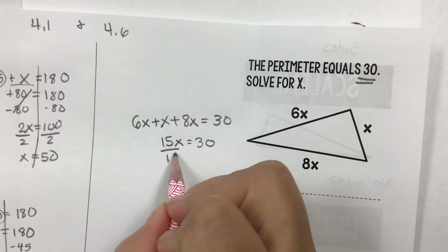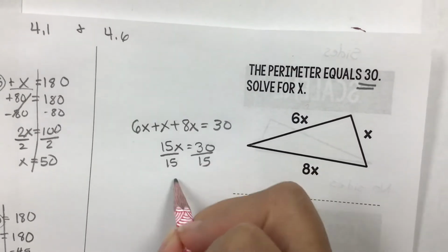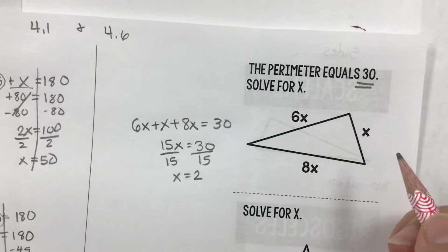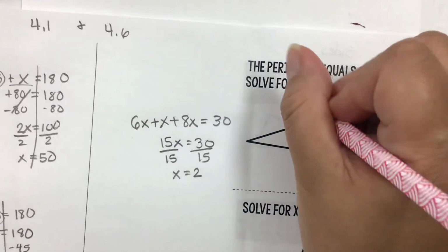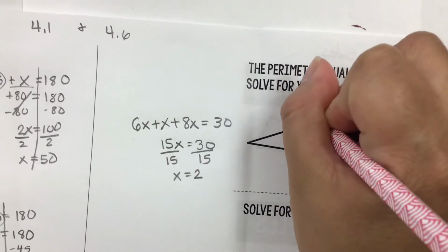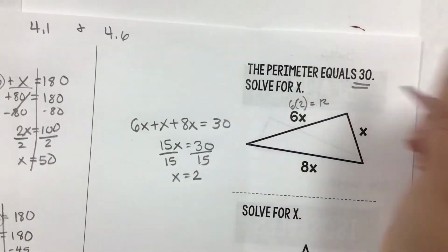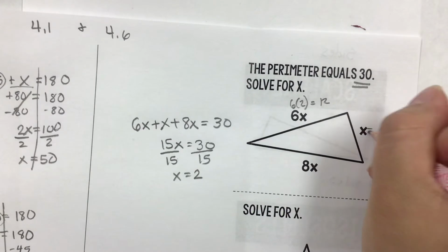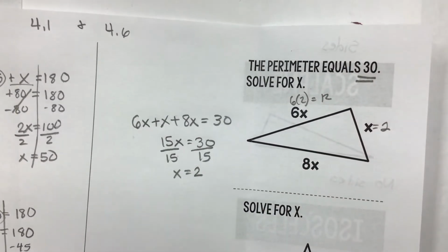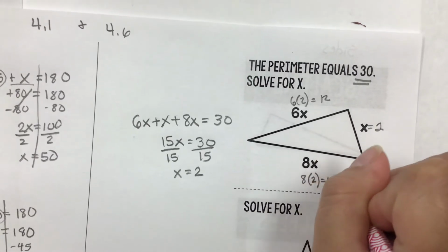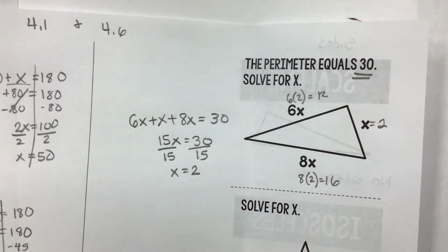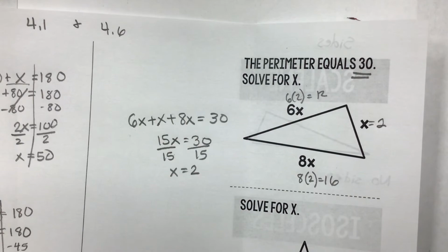So then we're going to divide by 15 to both sides. x is equal to 2. To figure out the side lengths, we're going to do 6 times 2, which gives you 12. This is just equal to 2. And 8 times 2 is 16. Verifying that none of the sides are equal, making it a scalene triangle.